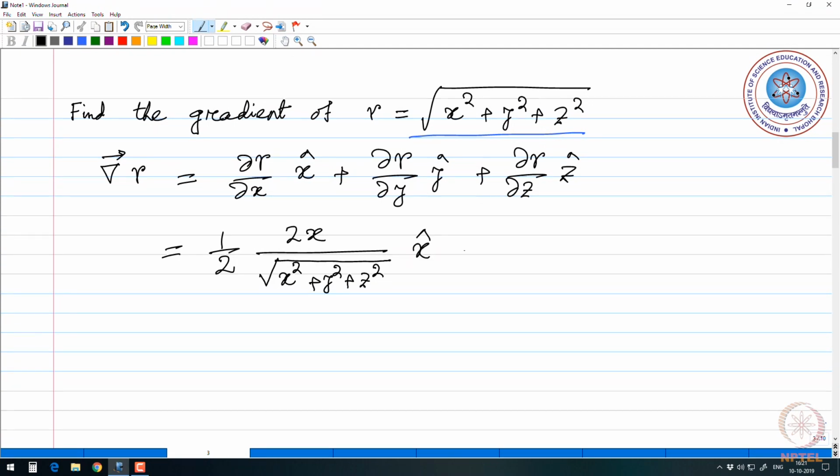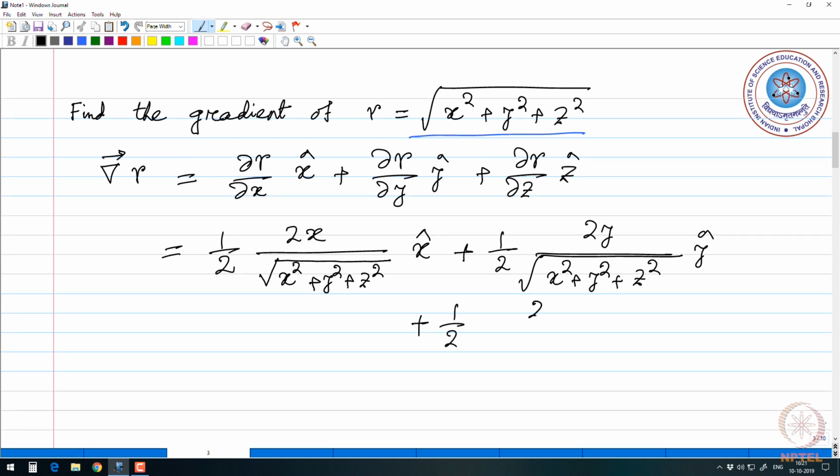Similarly, for the derivative with respect to y, it will be half 2y over the square root of x square plus y square plus z square, times y cap, and for z it would be half 2z over the same thing.